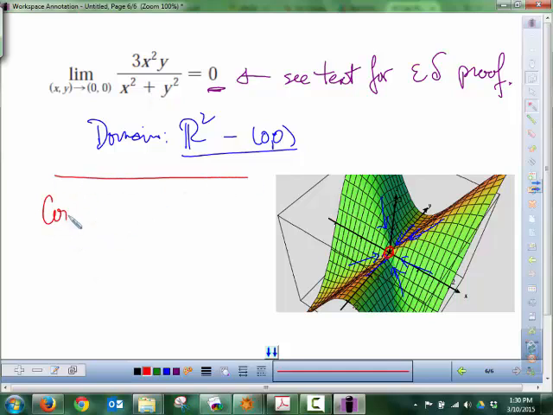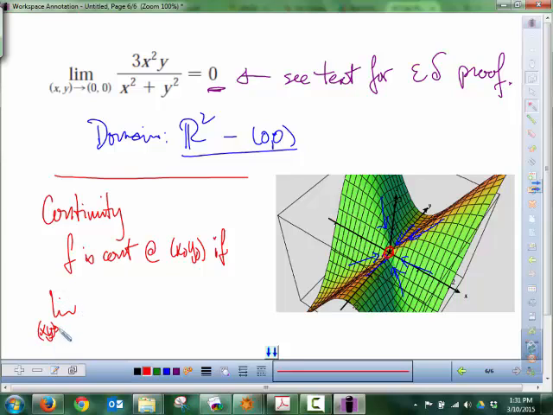So we say that f is continuous at x naught, y naught if the limit as x, y approaches x naught, y naught of the function is equal to the function evaluated at x naught, y naught.